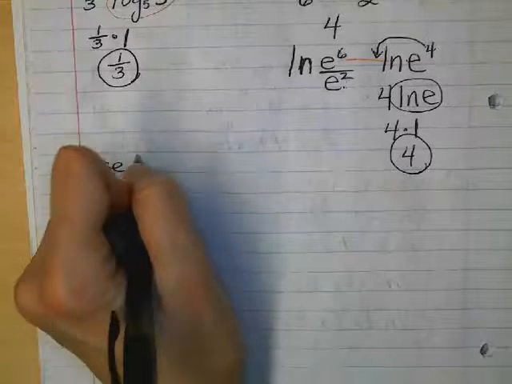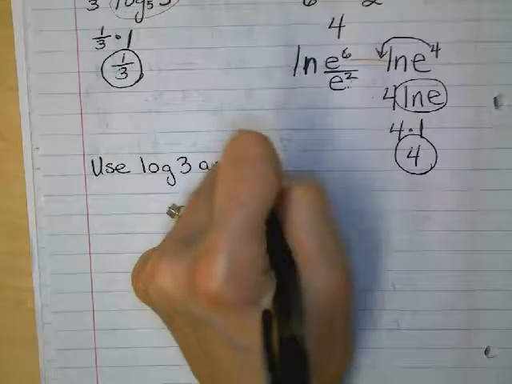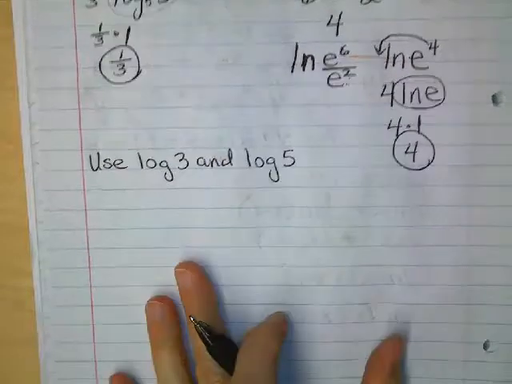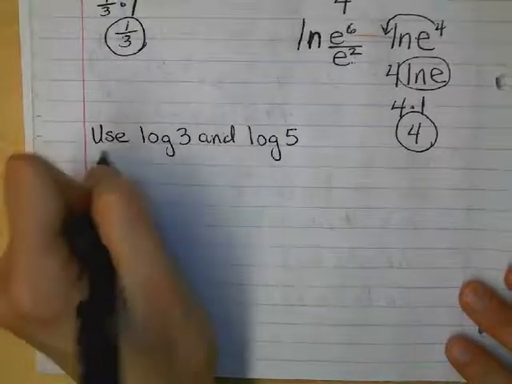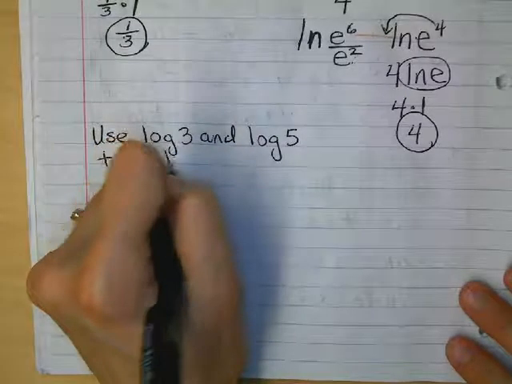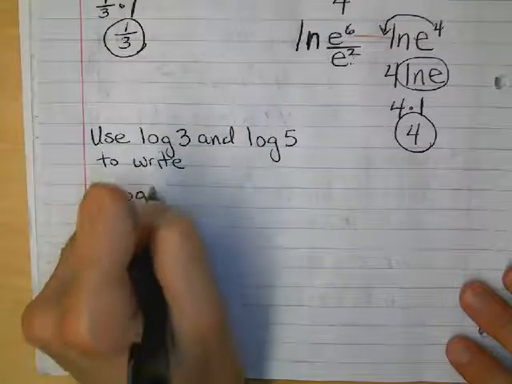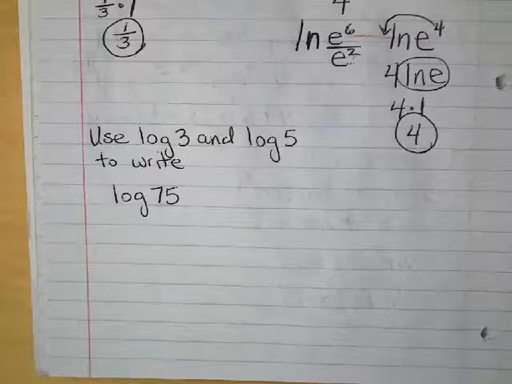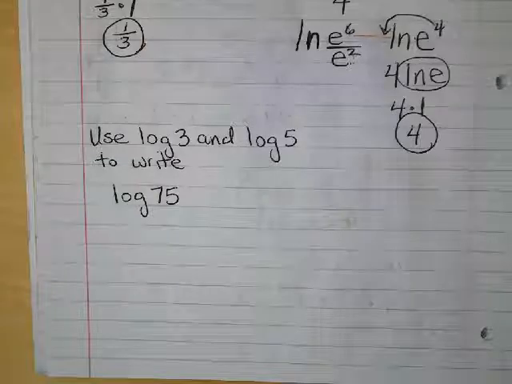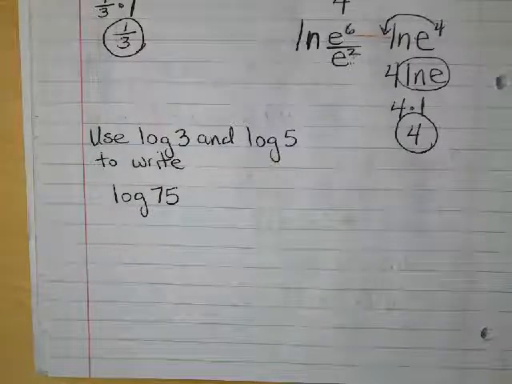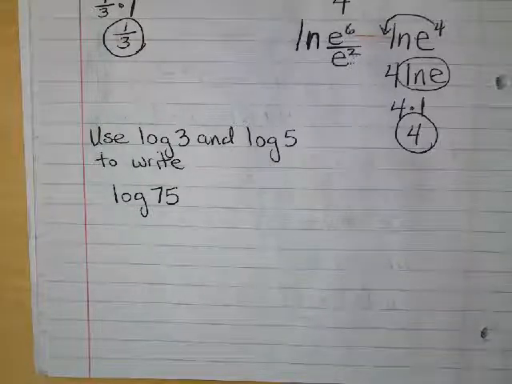So like use log of 3 and log 5, use two other logs to write log 75 a different way. They ask you to do this. It's a manipulation thing. They ask you on your assignment to use a couple other logs to write, for instance, log of 75 a different way.